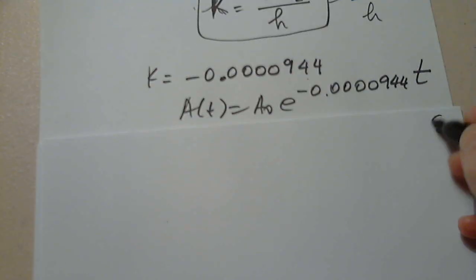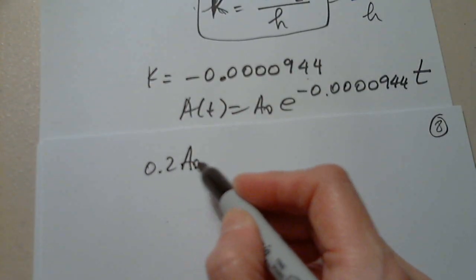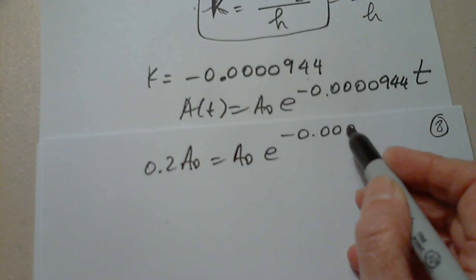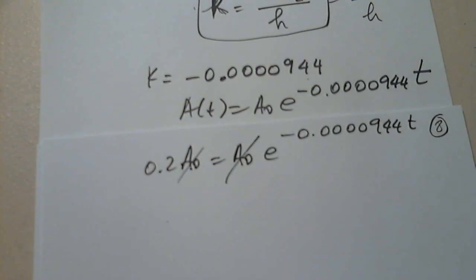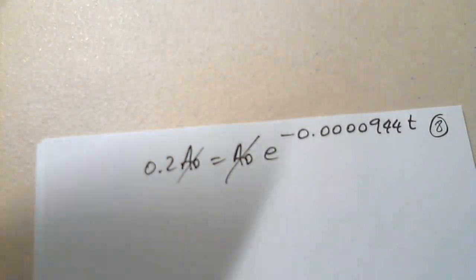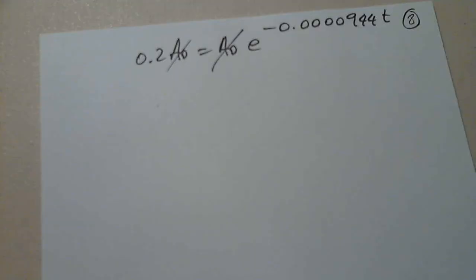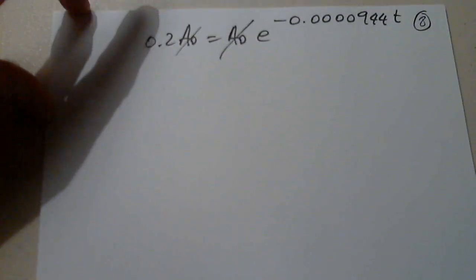So 0.2 A0 equals A0 e to negative 0.1234944 t. Of course, the original amount does not matter. Now I can apply natural log to both sides, and I should definitely get way more than 7,000 years.